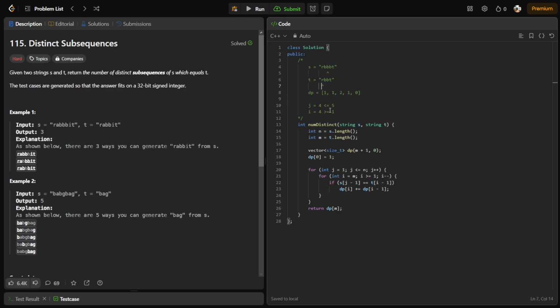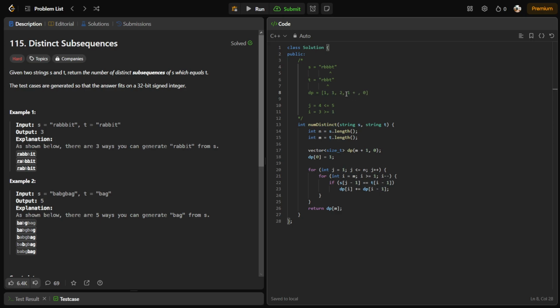J will increment to 4. So again, they don't match. Decrement. Now we're looking at this character. They match, right? So i is 3, 0, 1, 2, 3.